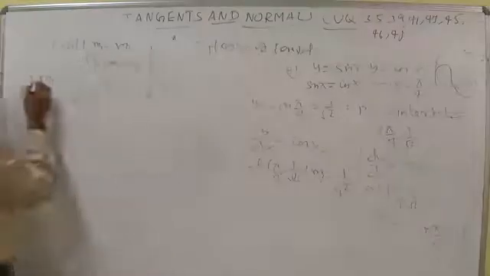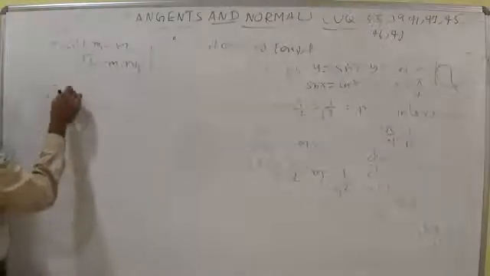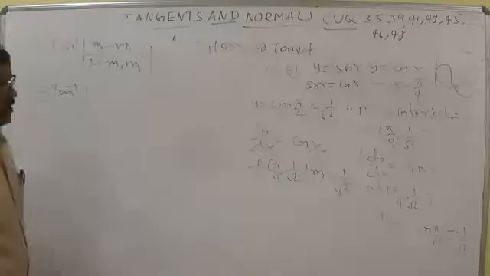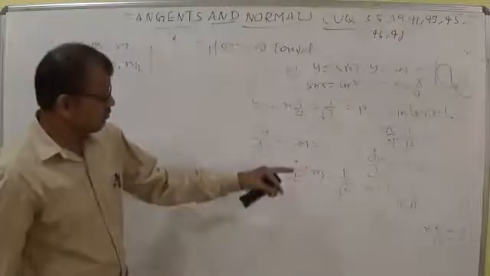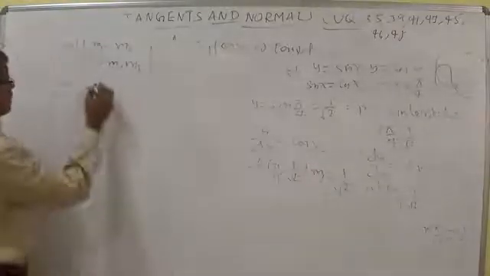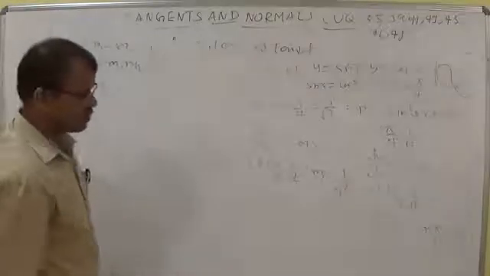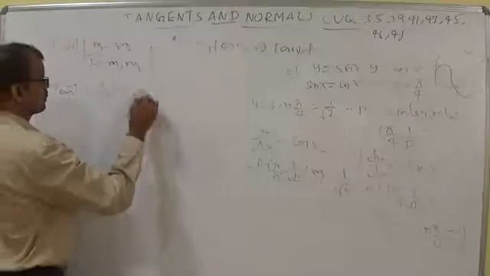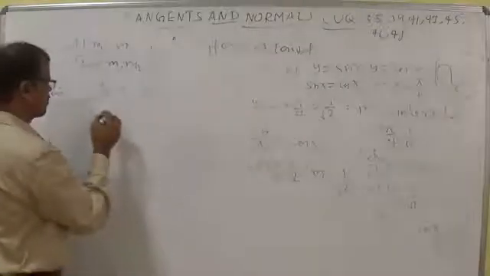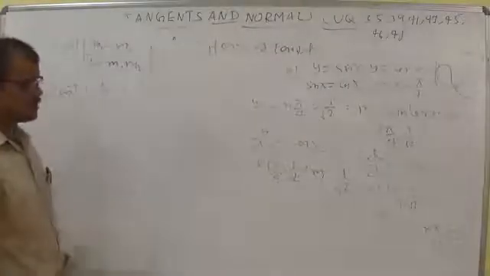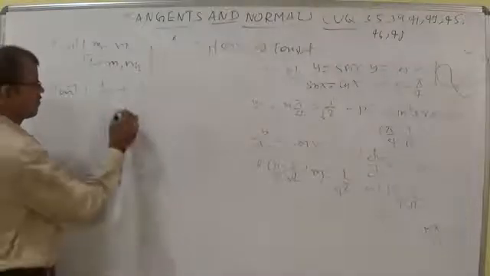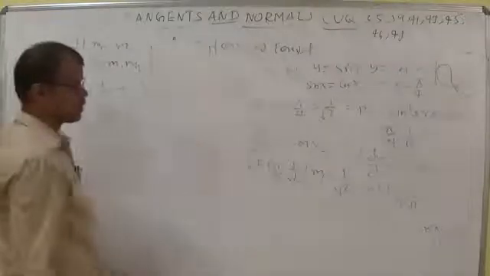So theta = tan inverse of, m1 is 1 by root 2, minus m2, which is minus 1 by root 2, so it becomes plus 1 by root 2, divided by 1 plus m1 m2. That is 1 minus 1 by root 2 into 1 by root 2, which becomes 1 by 2.